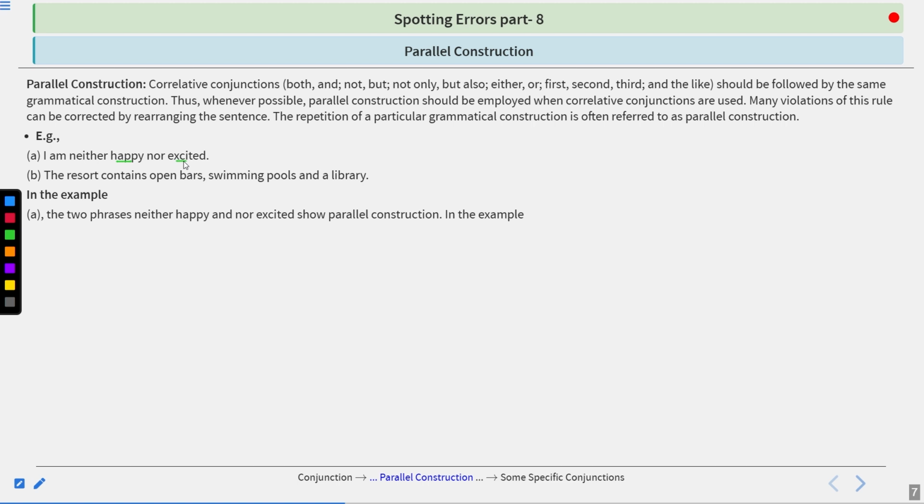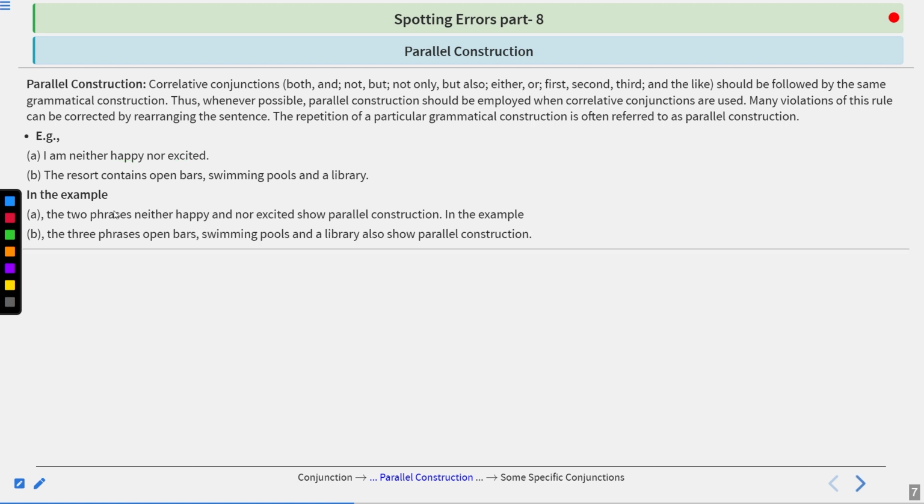If you put a noun in place of excited, it becomes unparallel. These three phrases, open bars, swimming pools, and a library, also show parallel construction, because they are acting as objects of the verb contains.